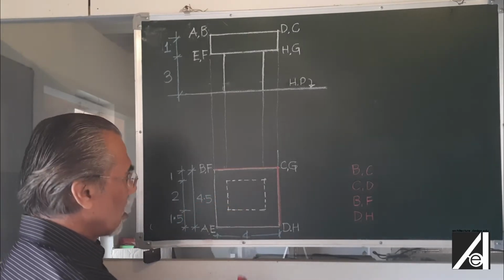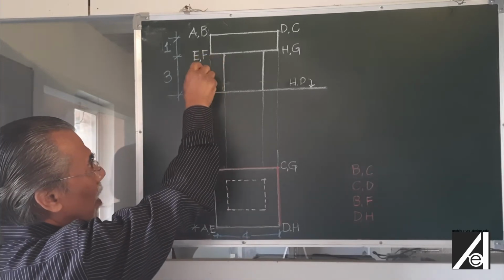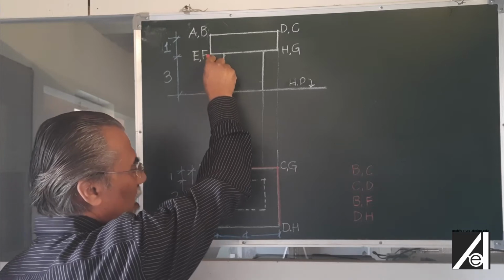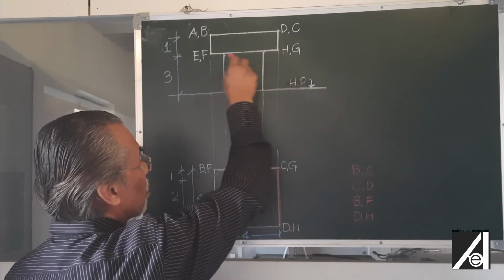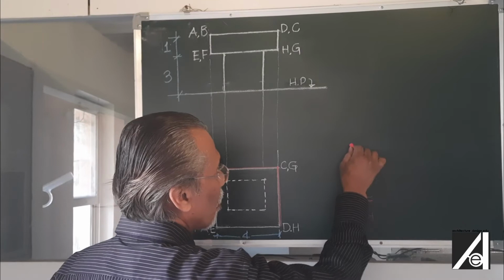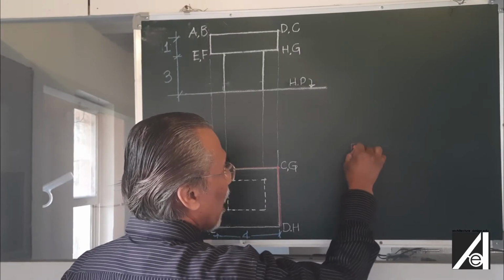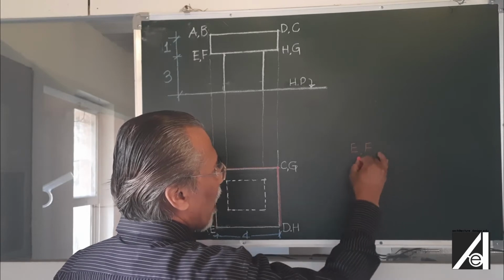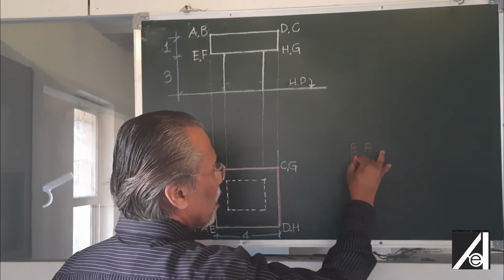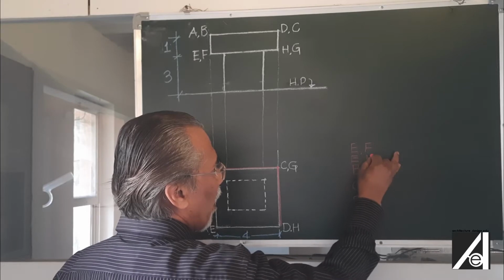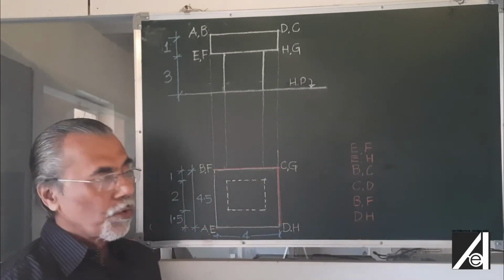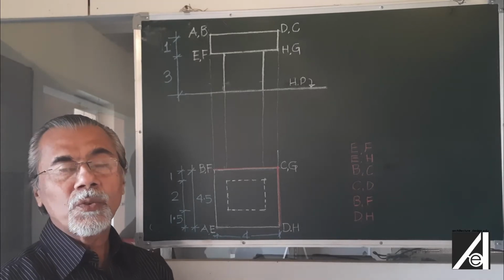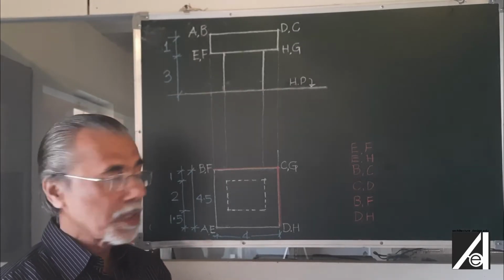So the coordinates for those edges are EF and EH. So in all there are 6 edges which we will have to consider for drawing the shadow.